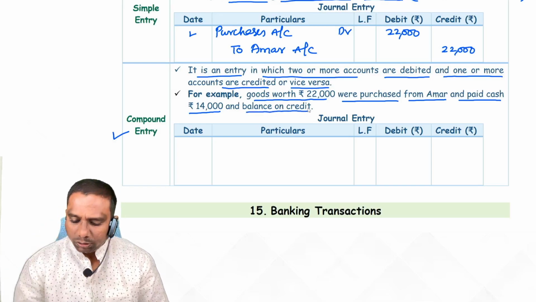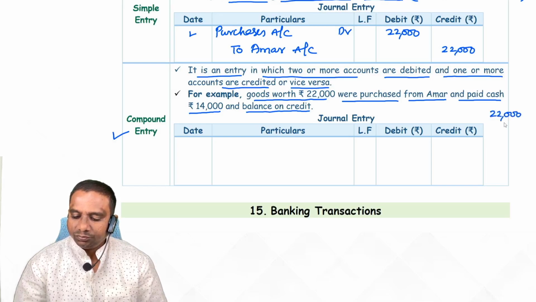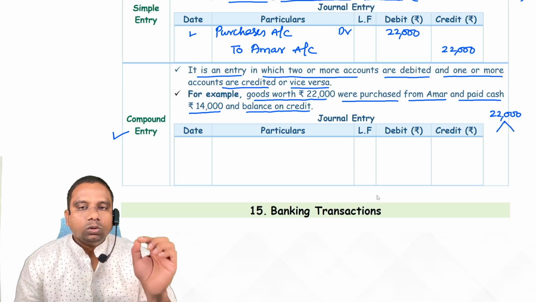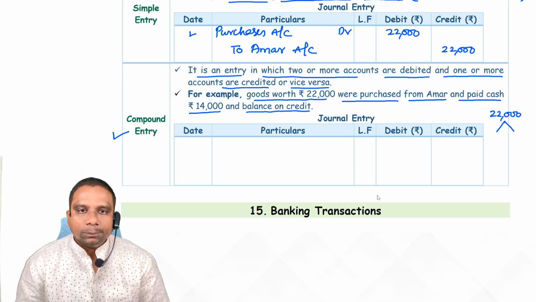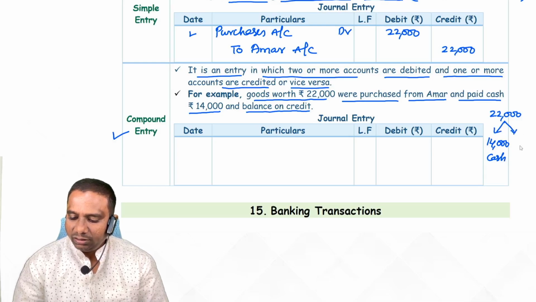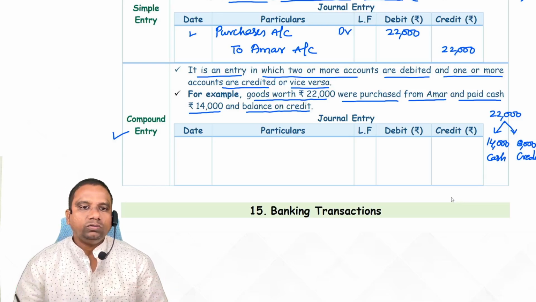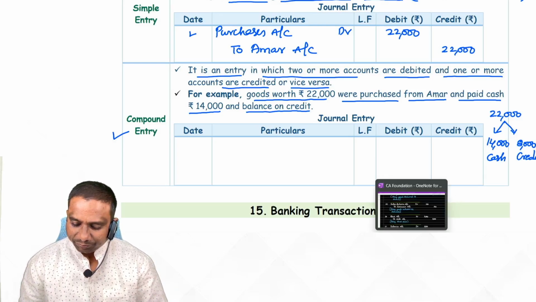It means the total amount of goods purchased is 22,000. Out of that, 14,000 we have paid in cash, and the remaining 8,000 rupees on credit. Normally, how do we record the entry? Look at.